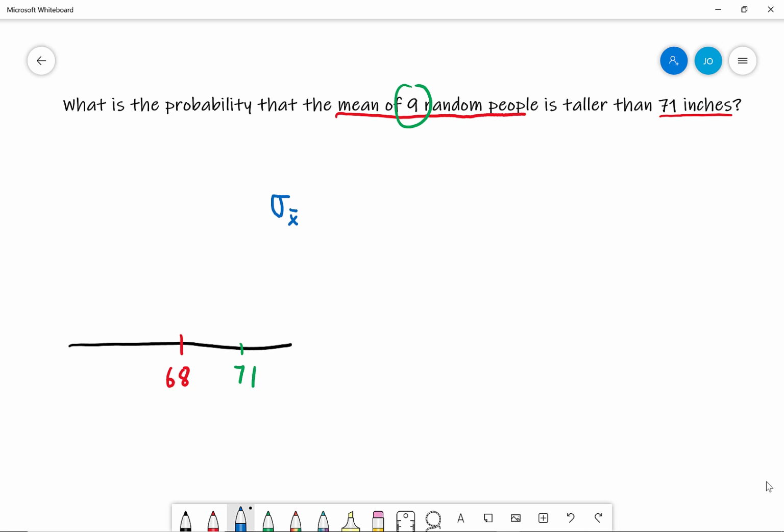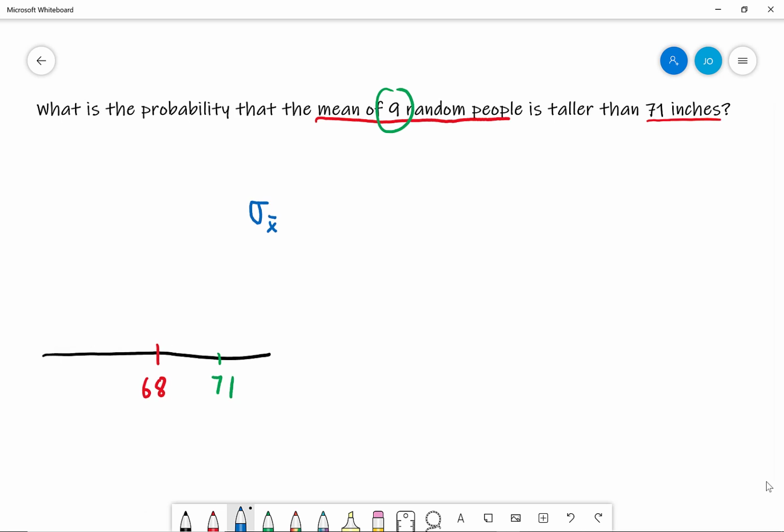This one specifically is the standard deviation of a sample mean. And if we remember to calculate our new spread, it's actually a function of our original distribution spread and our sample size. So the original spread of this problem was 3 inches, and what we're doing is we're sampling 9 people.